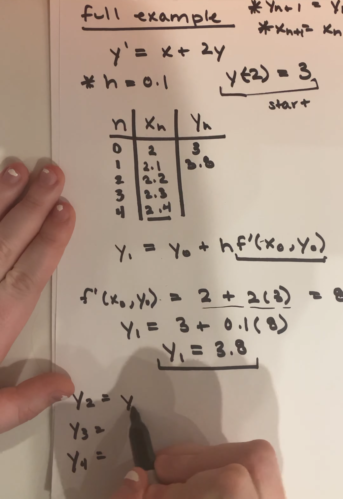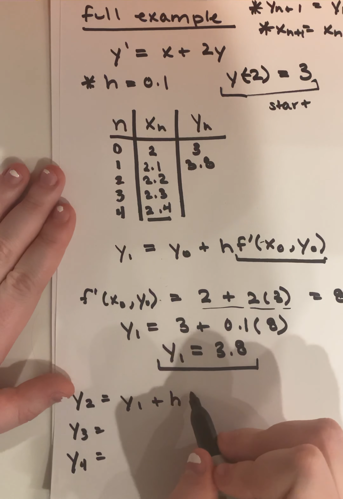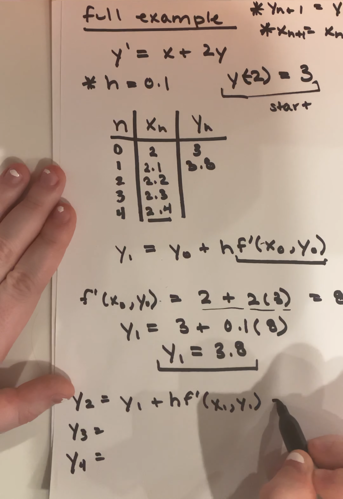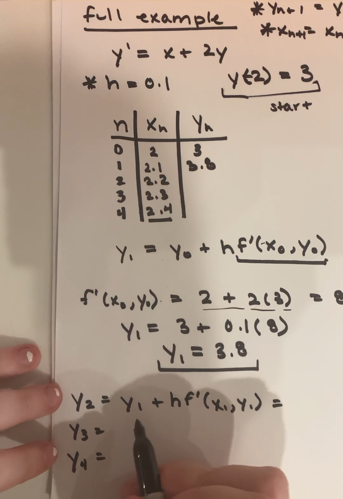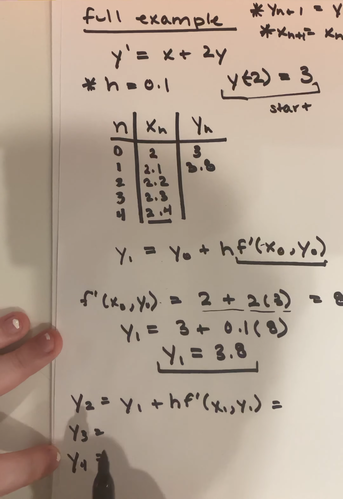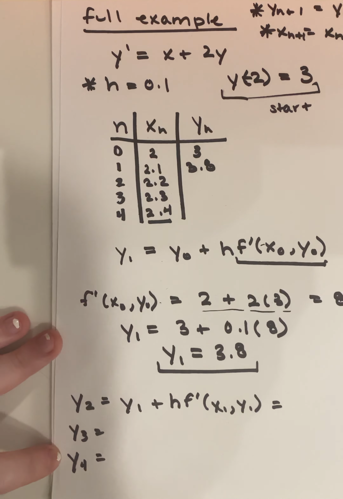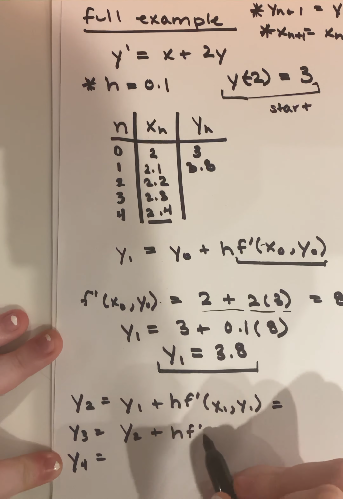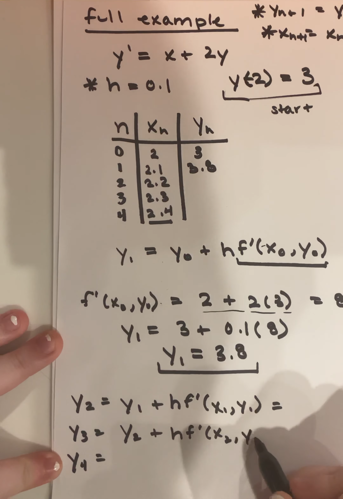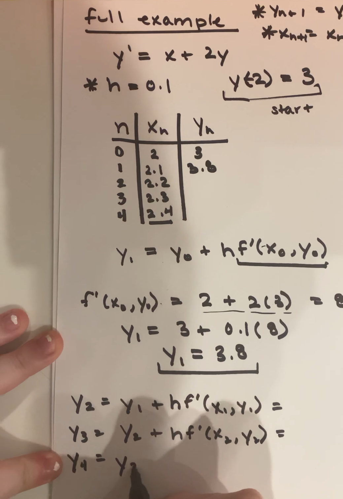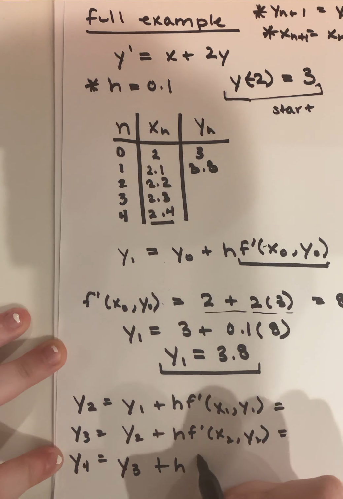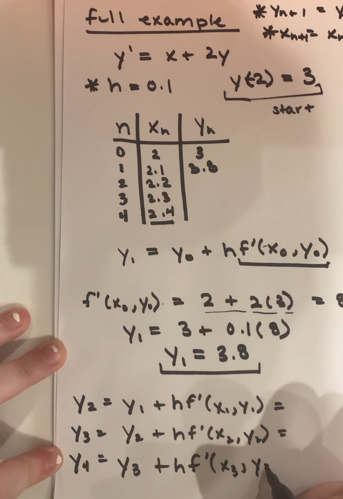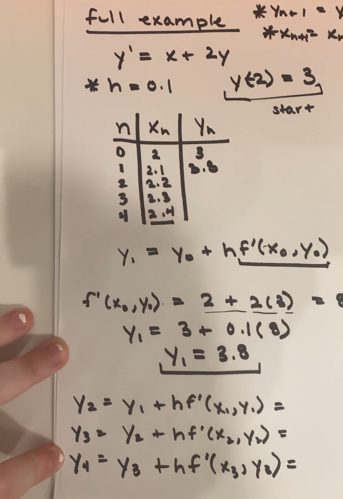So y sub 1 plus h f of x sub 1, y sub 1. And then we plug in the numbers. But we can just write out these equations generally at the beginning so then we know what we're looking for down the road. So then y sub 2 plus h f prime of x sub 2, y sub 2. Then y sub 3 plus h times f prime of x sub 3 comma y sub 3. And then this will be our final answer.